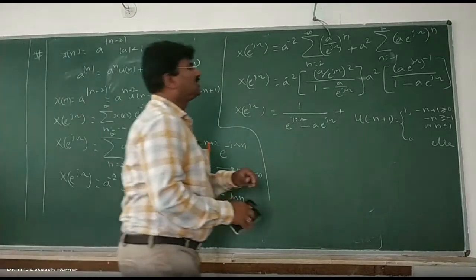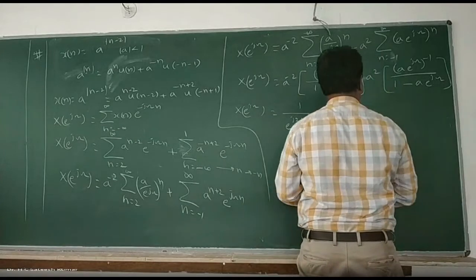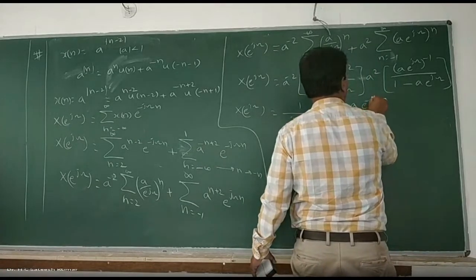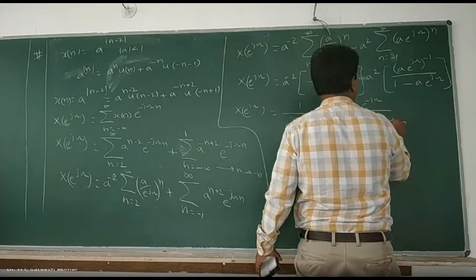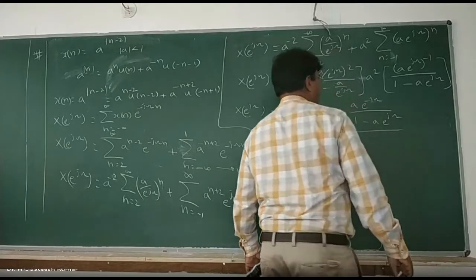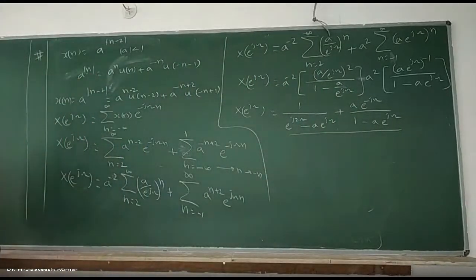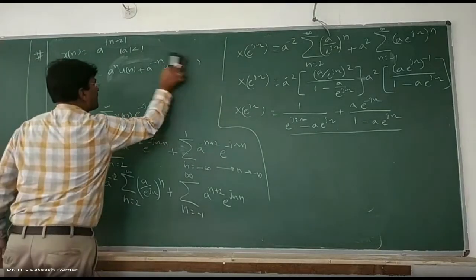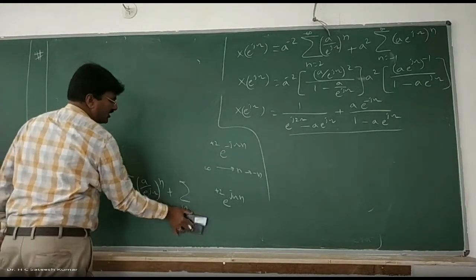A square into a to the power of minus 1 means what? A into e to the power of minus j omega divided by 1 minus a into e to the power of j omega. I think you can stop at this point. Further, if you want, you can simplify it, but I think it will not simplify to the standard form. I'll stop at this. I'll go for the next one.